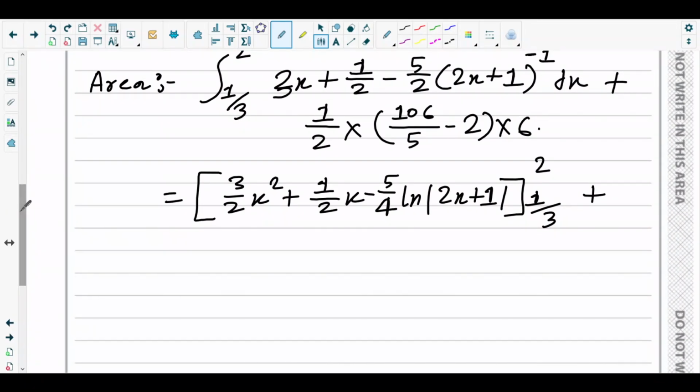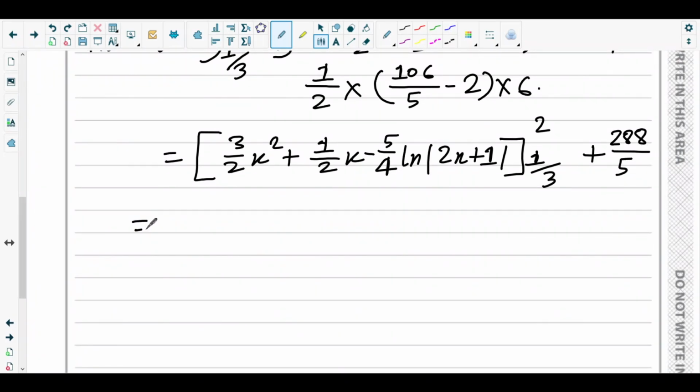How much is this value? Use your calculator. 106 over 5 minus 2, times 3, that would give you 288 over 5. Now put the values of the limits in the integral. So x squared is 4; 4 times 3 over 2 is 6, plus 2 times half is 1, minus 5 over 4 ln (2 times 2 plus 1), which is 5, ln 5.